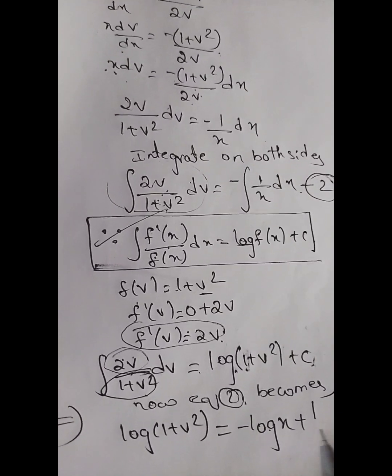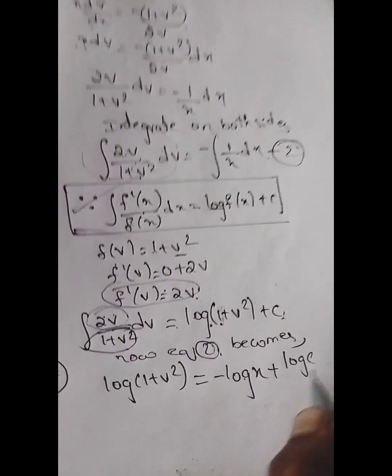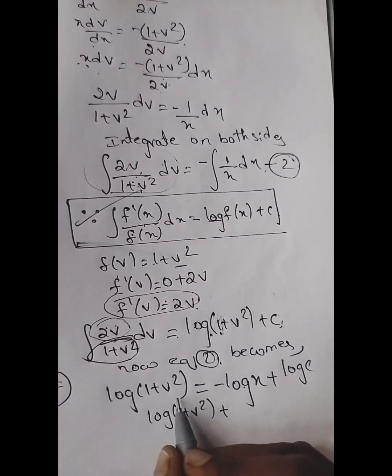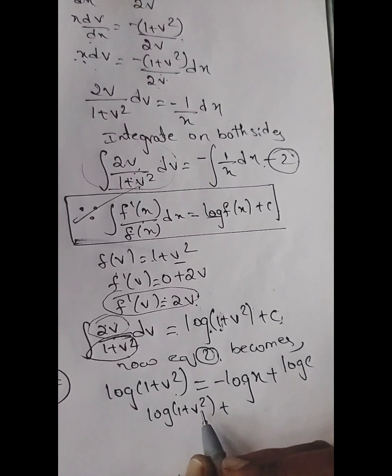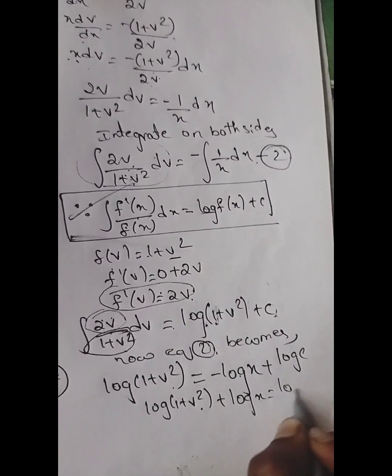So you can write c, otherwise log c also you can write. So log c. Now log(1+v²), I will bring this log x to the right hand side. So it becomes log(1+v²) plus log x equal to log c.